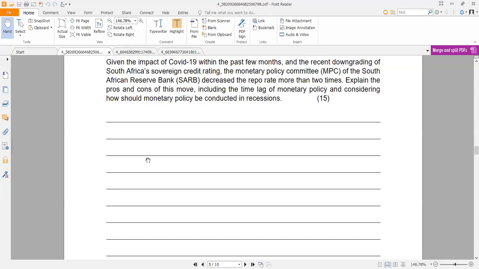So the advantages that can be realized is that in the long run, we are going to have maybe a little bit of increase in terms of investment levels. And we are aware that the COVID-19 has also led to a sort of rise in unemployment.